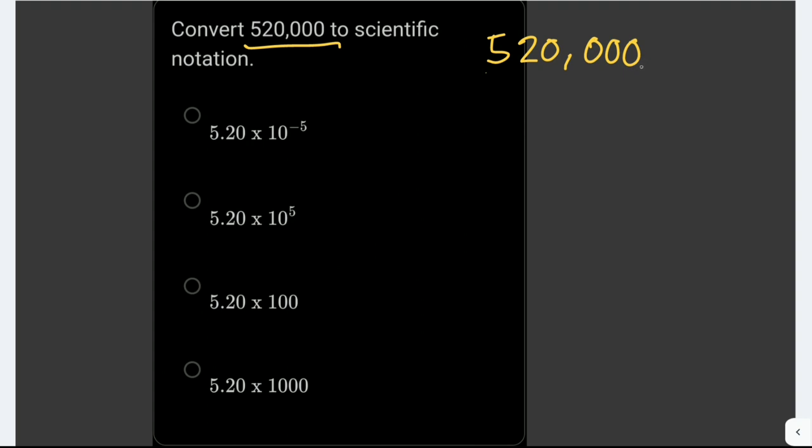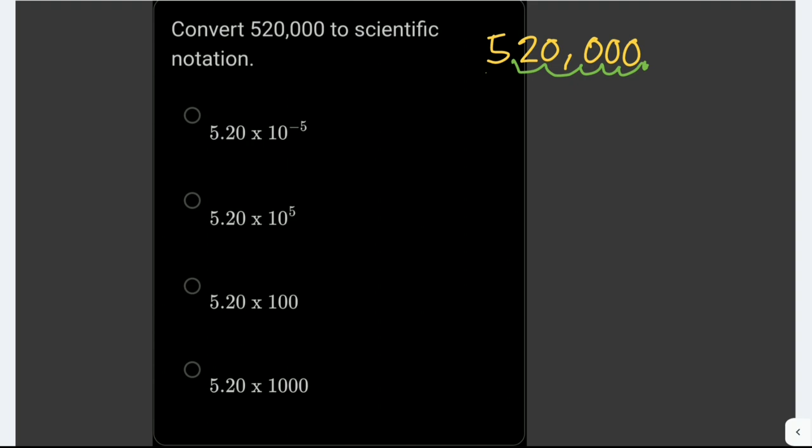Or we move the decimal point to the left. So 1, 2, 3, 4, 5. We don't have any decimal point in the given number. We just imagine that we move the decimal point from here to the left.